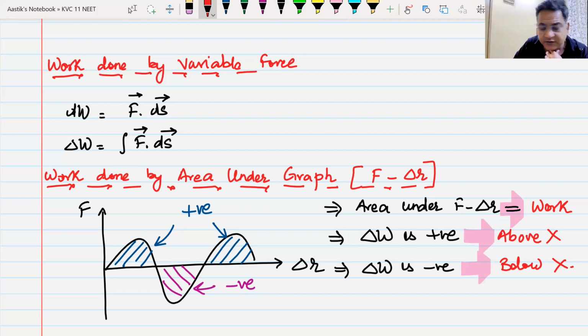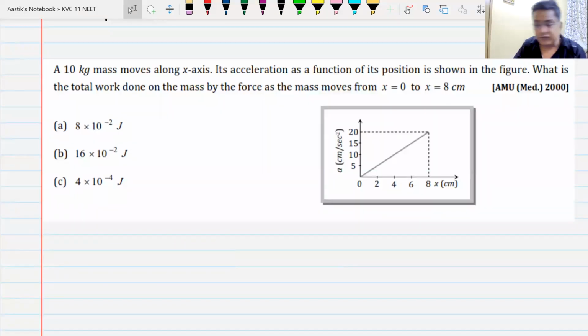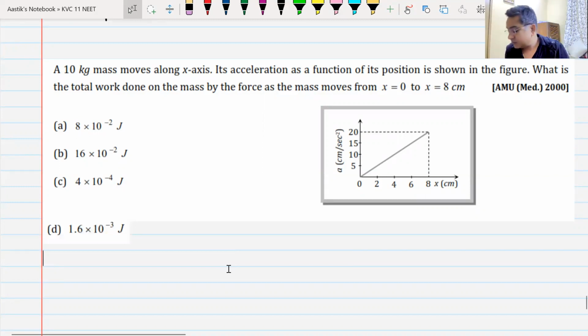This is the first question. Everyone is ready for the question? You are given a force displacement graph.